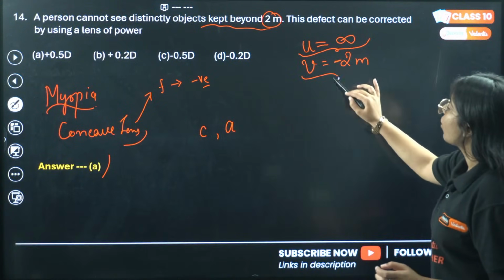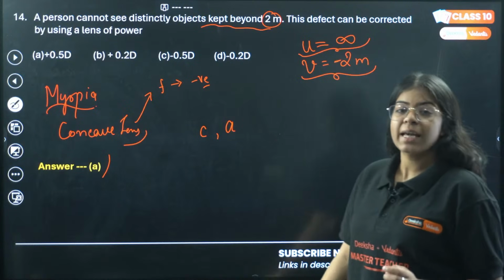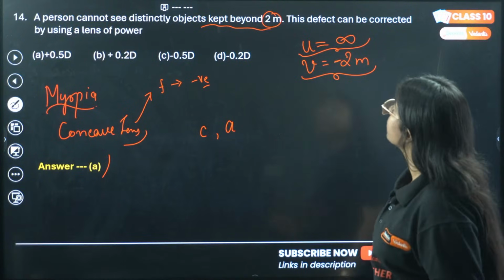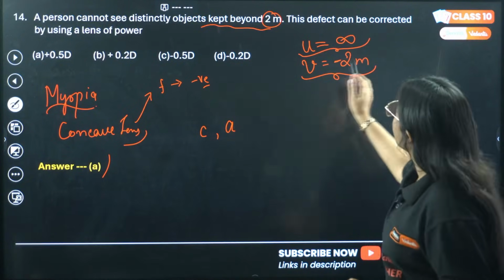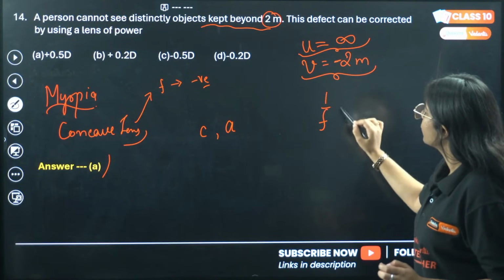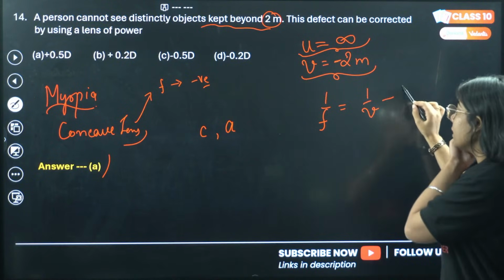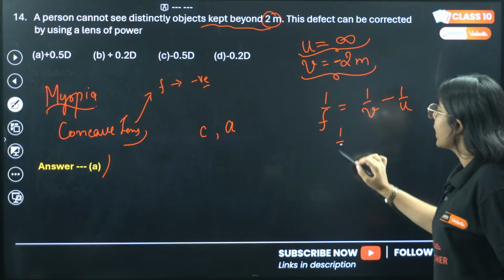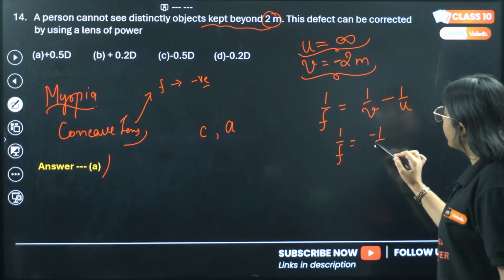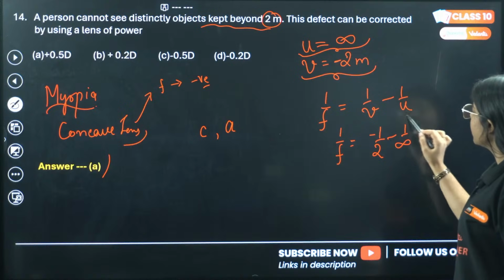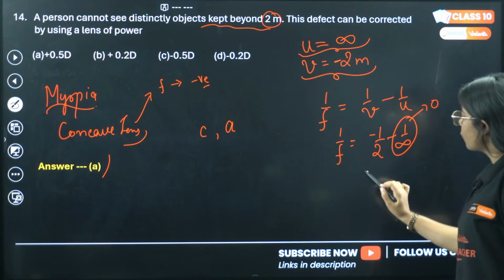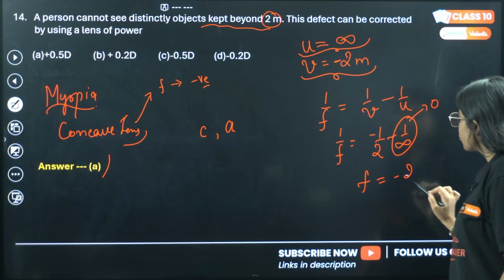In the case of a concave lens, we have V as negative. Correct? Now we want to see the focal length, which is what? 1 by F equals 1 by V minus 1 by U. So 1 by F will be minus 1 by 2 minus 1 by infinity. This will be 0. So focal length will be minus 2.